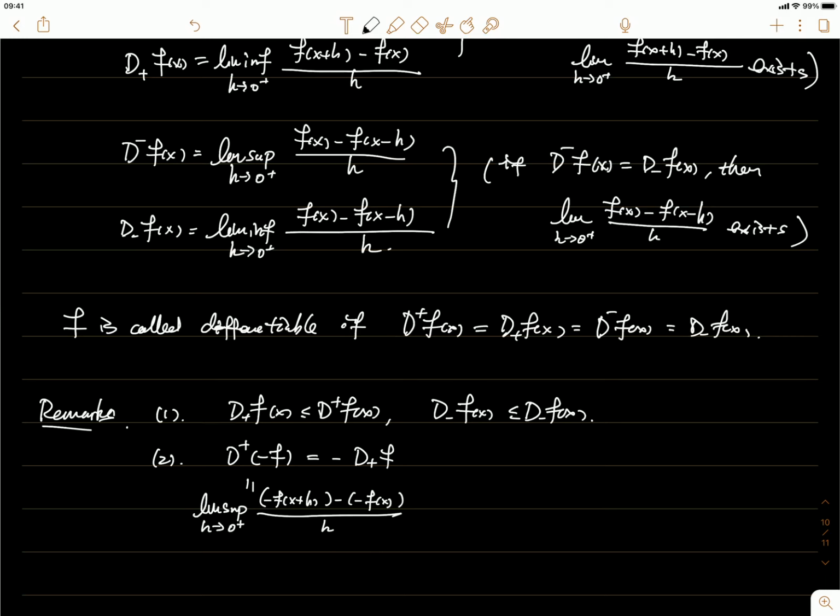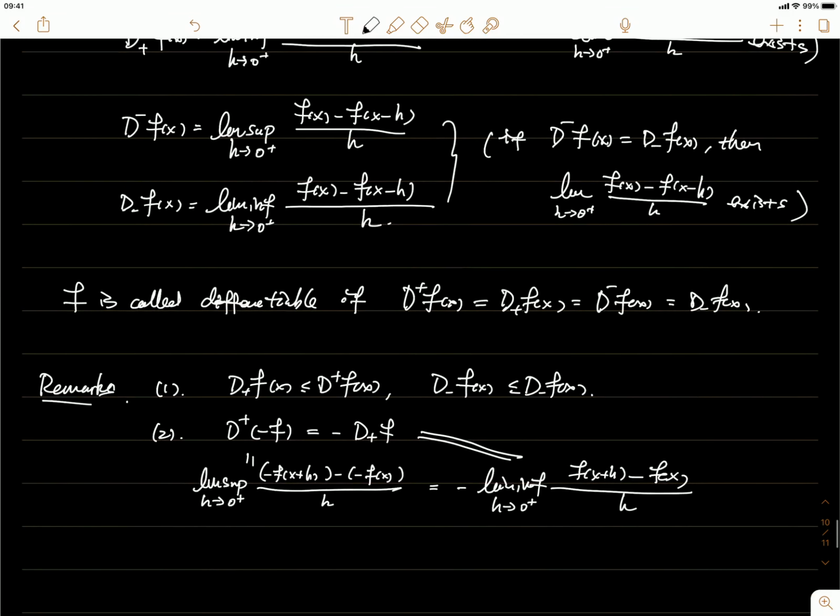Apparently we can put the negative outside, then it's just negative of the lim inf, h goes to 0, of f of x plus h minus f of x divided by h. And on the right hand side, this is just equal to that.